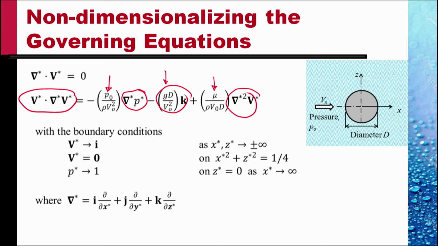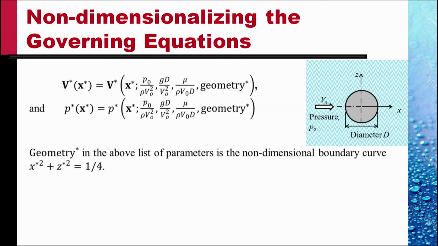So if we were to write the problem, it would be like this: the non-dimensional velocity V star as a function of x star depends upon x star, the location, and these 3 groups of independent parameters.